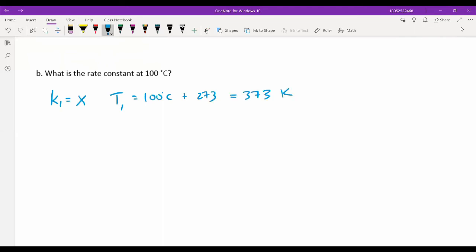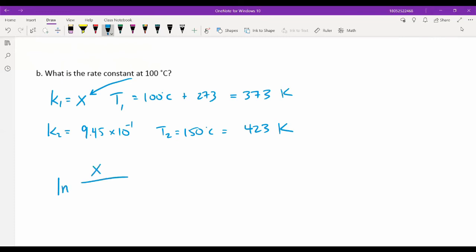And then you can just use the same K2 as before. Again, it doesn't really matter which one you want to call your unknown. So plugging that in.